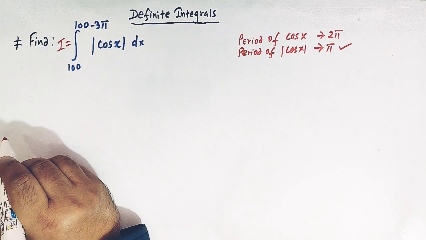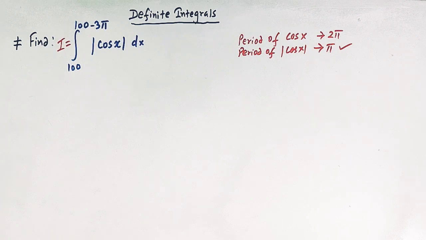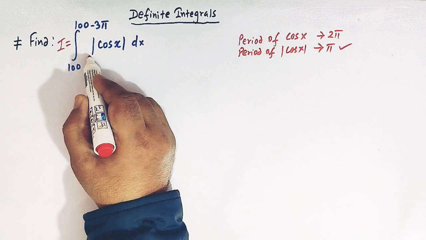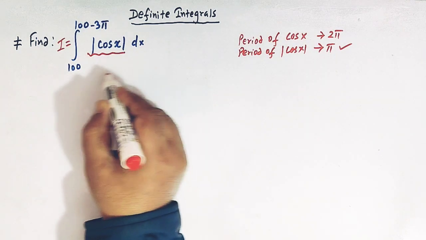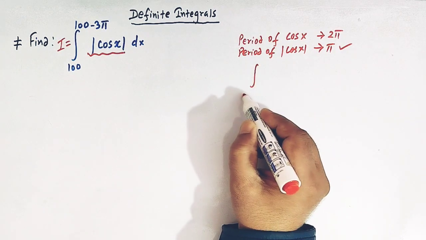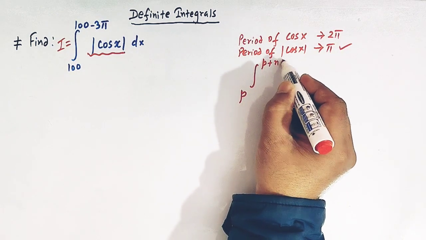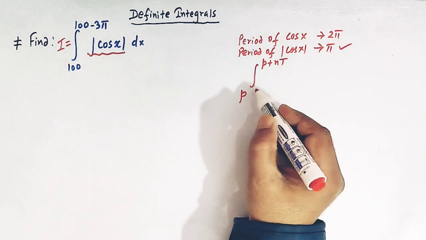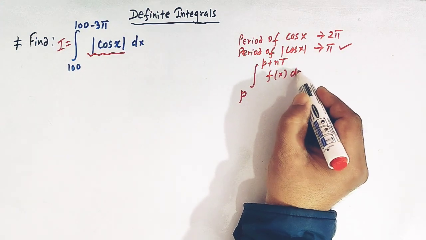Now we'll use one important property of definite integrals involving periodic functions. Let us consider the integral from p to p plus n times T of f of x.